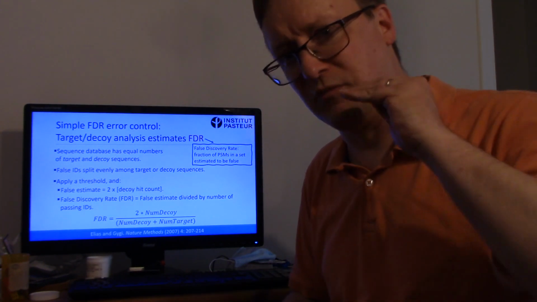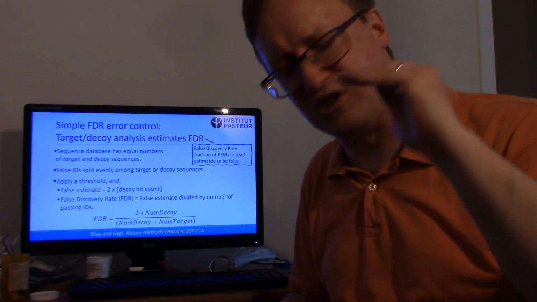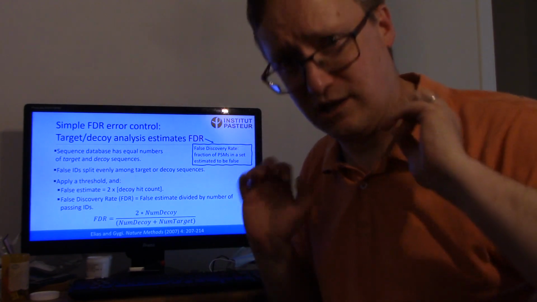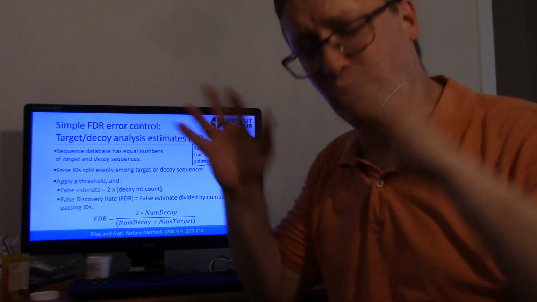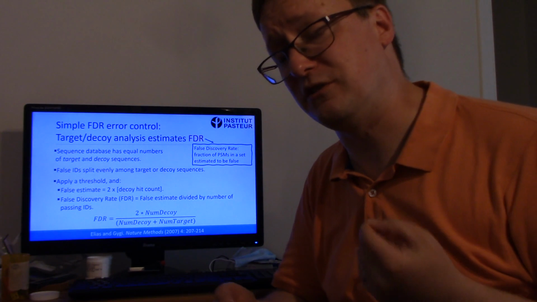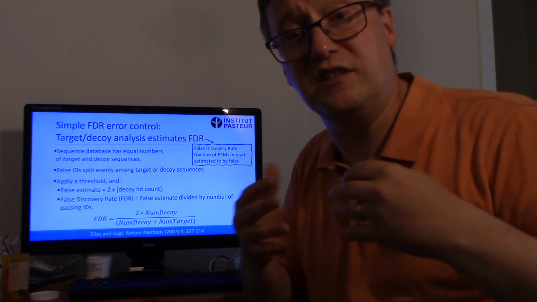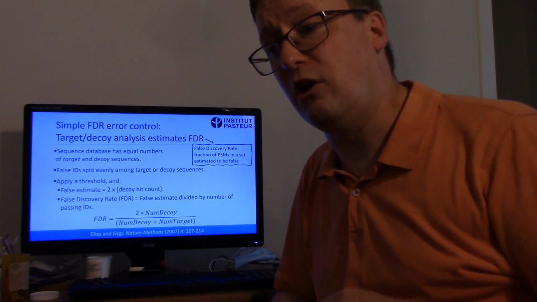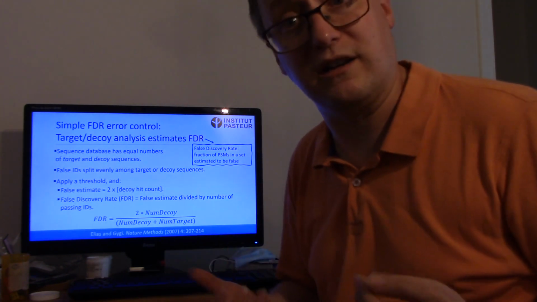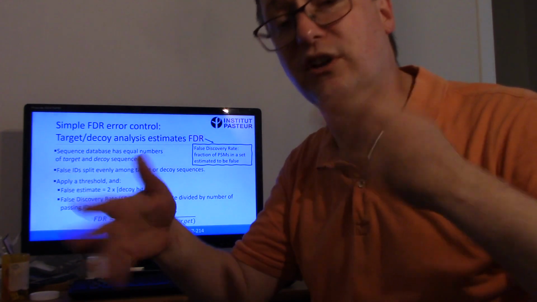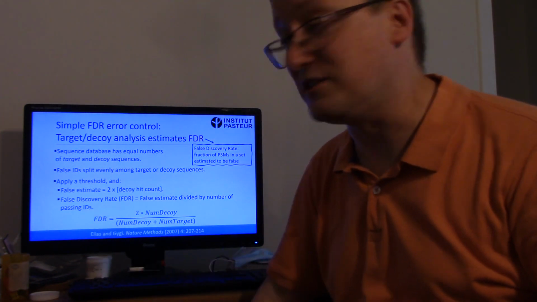Rather than say, this set of peptides is absolutely certain, every last one of these is sure to be present, we're trying to allow ourselves a little bit of uncertainty and say perhaps 1% or 2% of these peptide spectrum matches are not correct. This allows us a lot greater sensitivity in detecting peptide sequences.